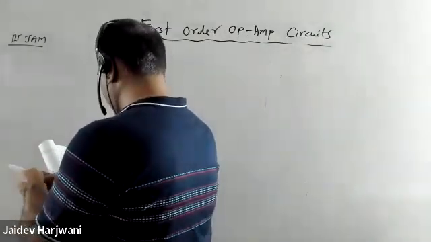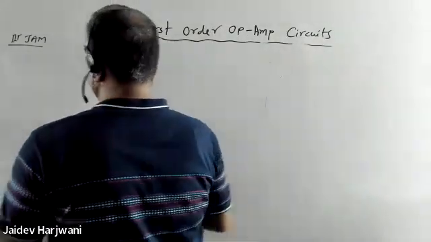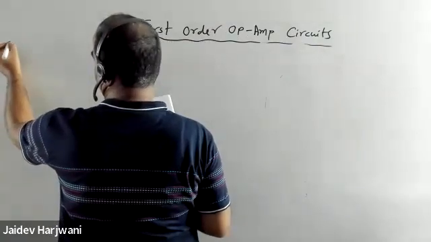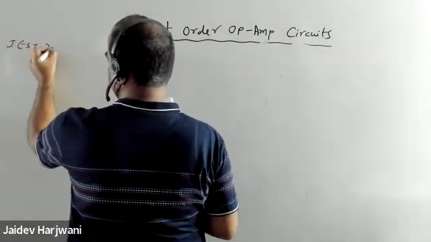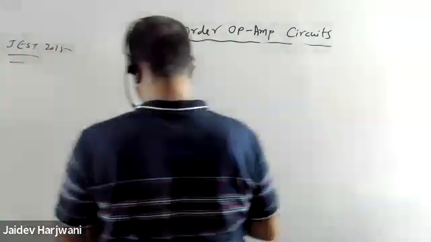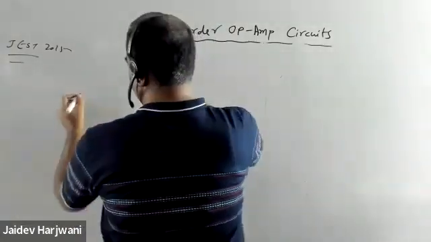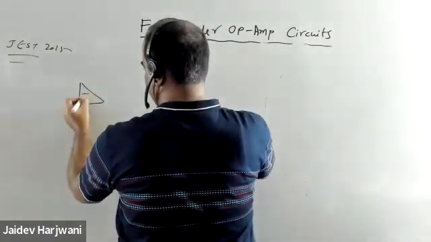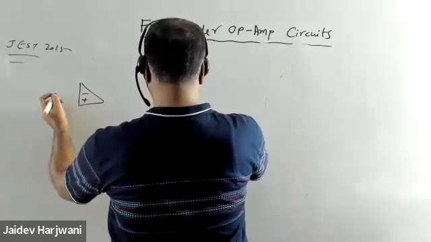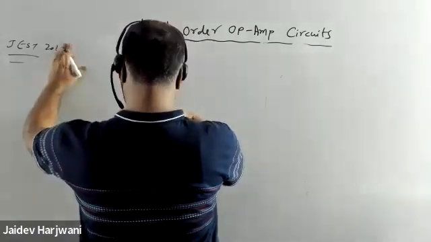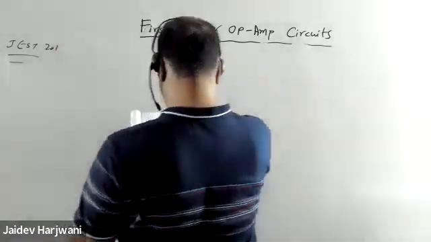Okay, पहले JEST 2015 देख लेते हैं। JEST 2015 में क्वेश्चन आया है। So they have given you minus plus, ये तो हमने कल कर लिया JEST 2015 का। Then you have to solve it now for 17.